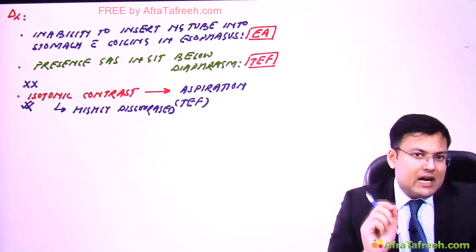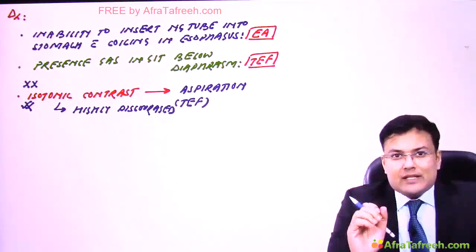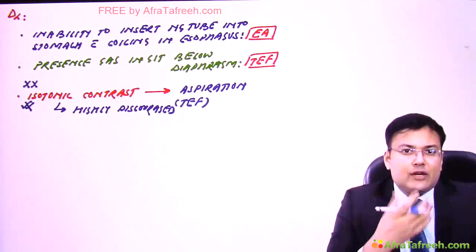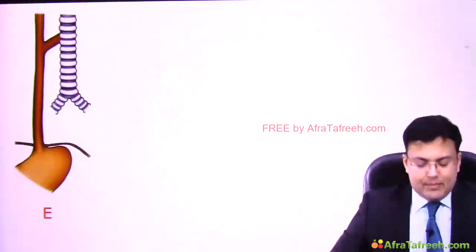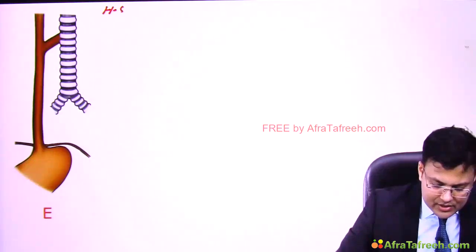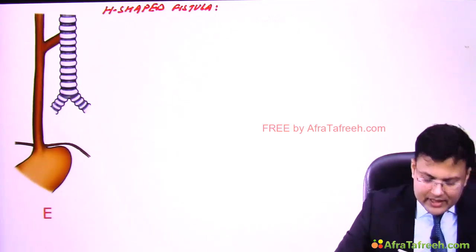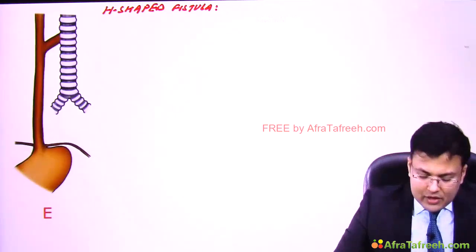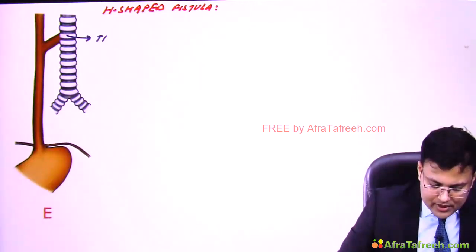One question which was asked in AIIMS as well as in NEET PG: investigation of choice for diagnosis of H-shaped fistula. See how it looks like. So you can see this is type E, also known as H-shaped fistula. Clear? And how we are going to confirm the diagnosis in H-shaped fistula? For evaluation of trachea, we go for tracheobronchoscopy.